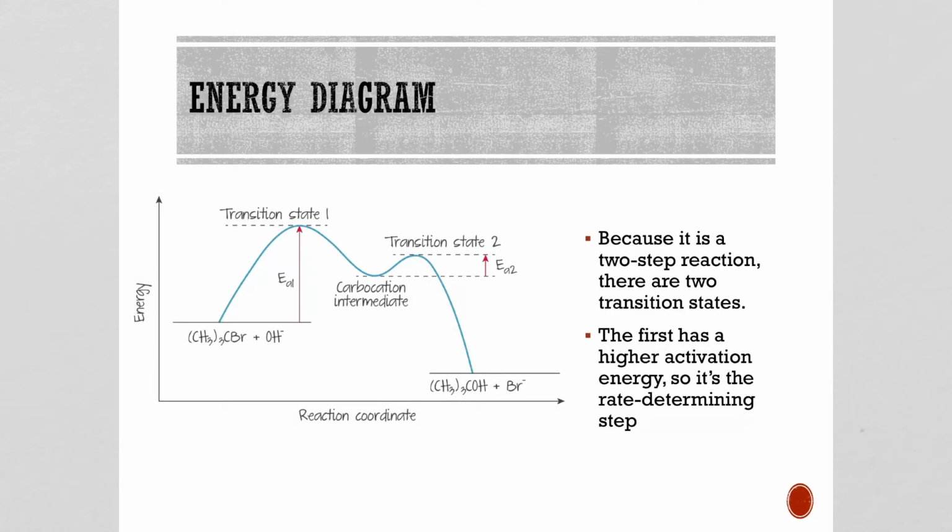Because this is a two-step reaction, there are two transition states. The first transition state is the breaking of the bonds, and the second transition state is when we're forming the new bond. The first reaction has a higher activation energy, so it's considered the rate determining step.